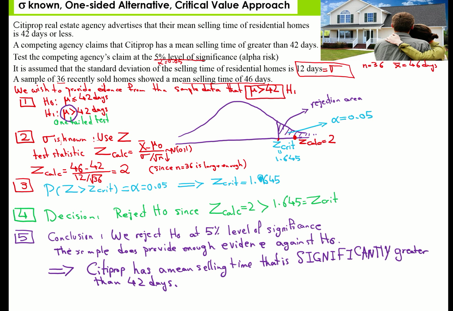So since the z calculated is in the rejection area, we reject the null hypothesis.